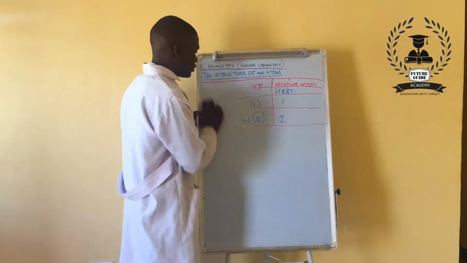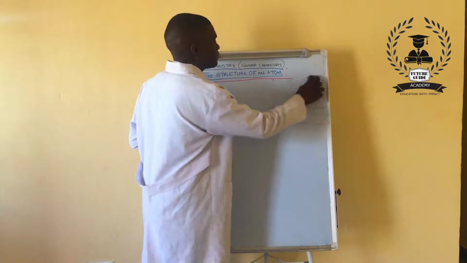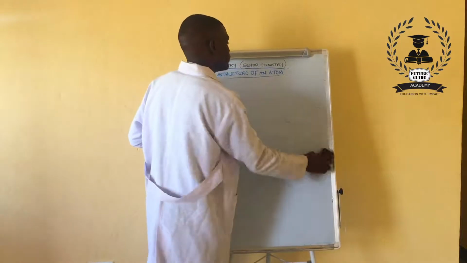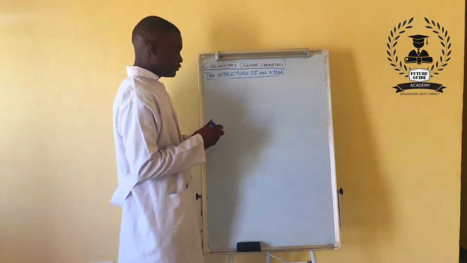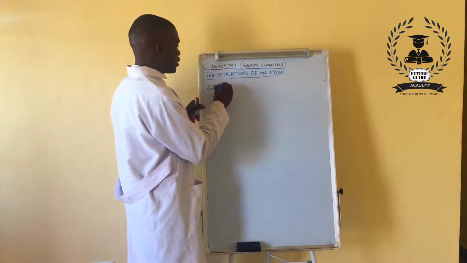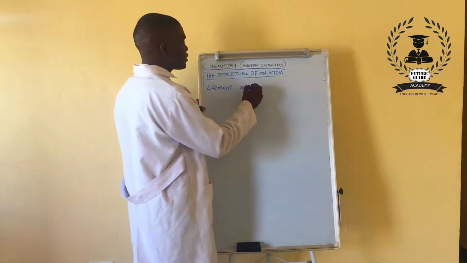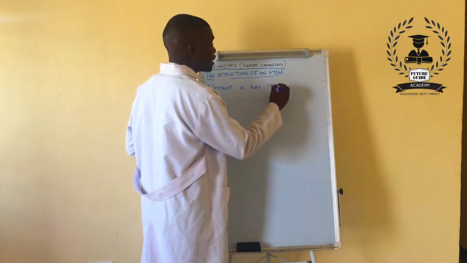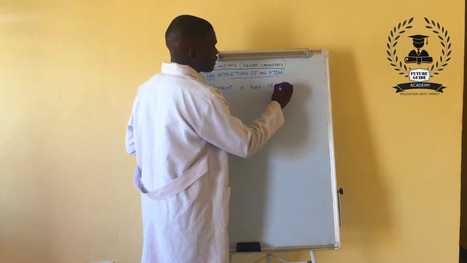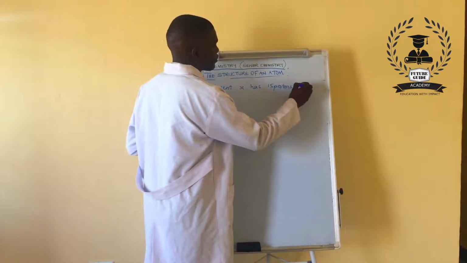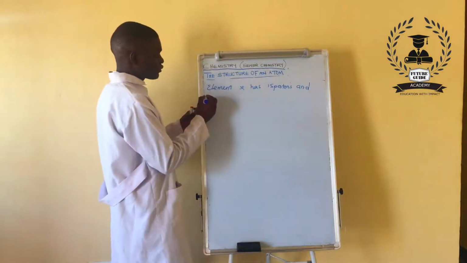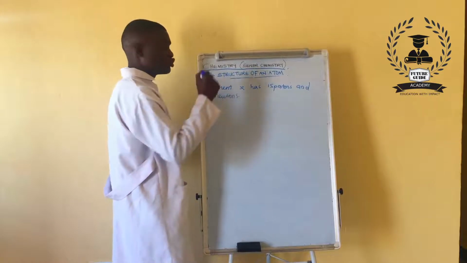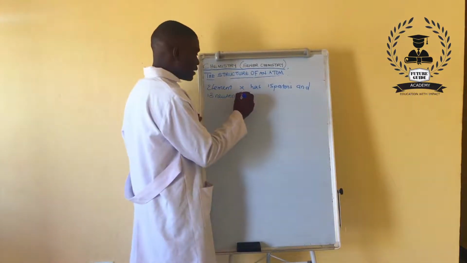Let's look at an example of a question where we are going to find the mass number. Element X has 15 protons and 13 neutrons. What is its mass number?